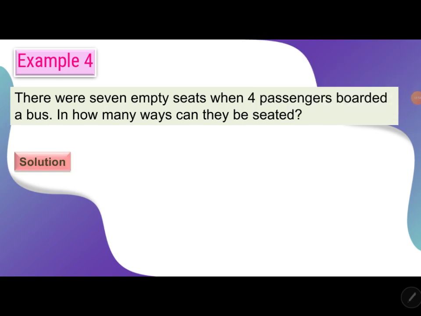Okay, so how can we choose the ways? The number of different ways is 7P4. Why? Because we are arranging 4 passengers on 7 empty seats. So there are 7 choices for the 4 passengers. That's why we have 7P4.